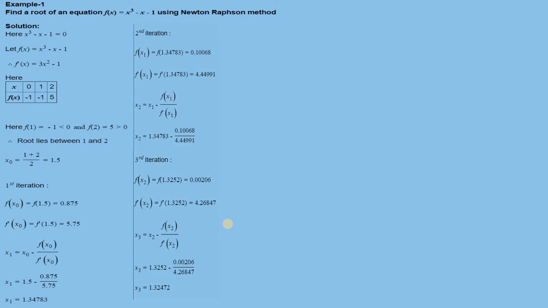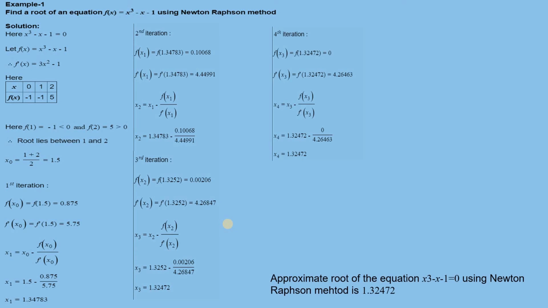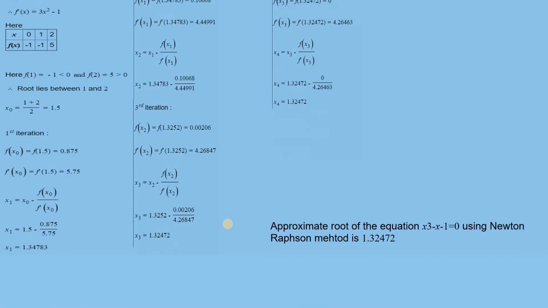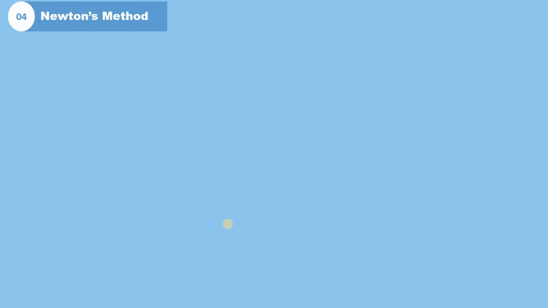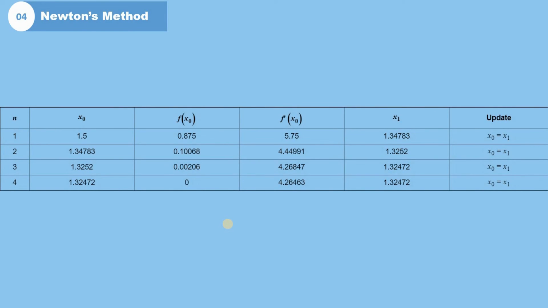We take the fourth iteration of this sum, and we get exactly the same value as the third iteration. So we can say that the approximate root of the equation is 1.32472. We need to carry on solving until we get two iterations the same.